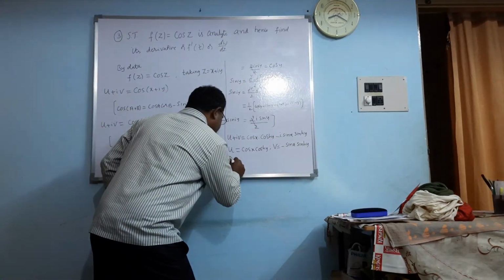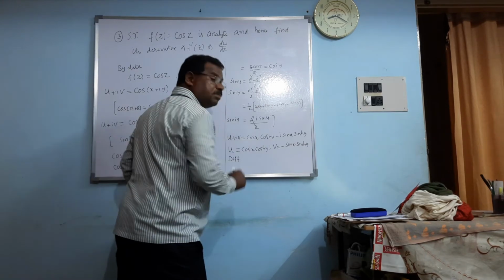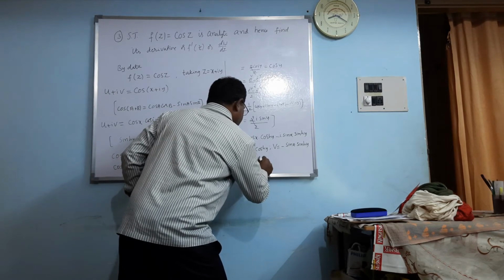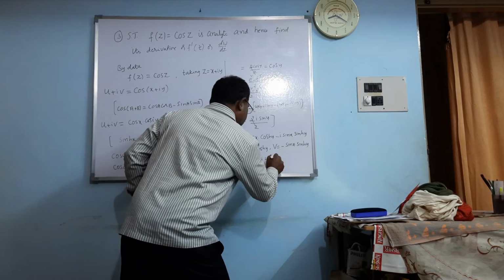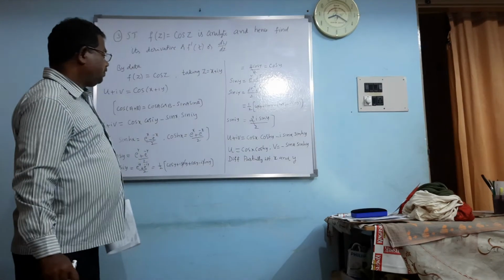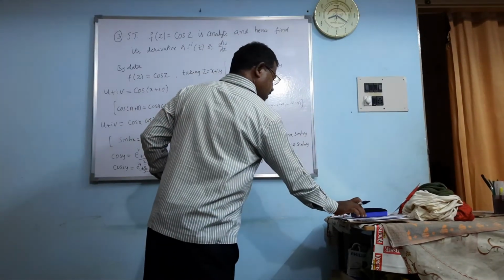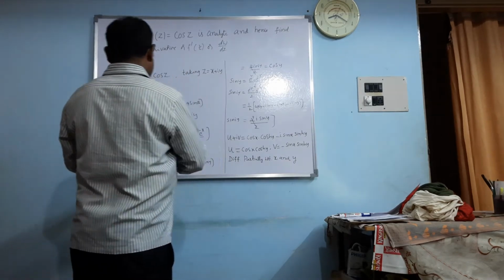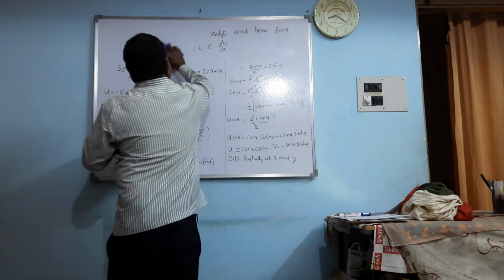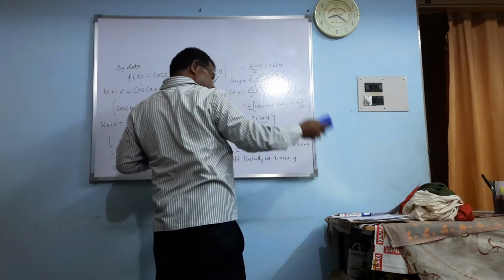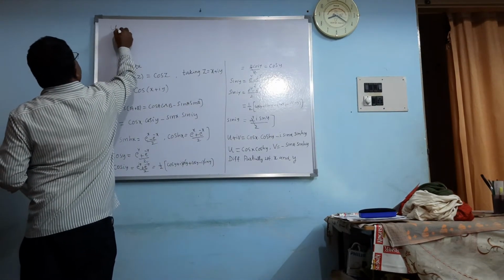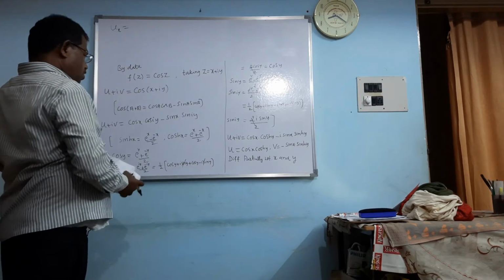Next step is differentiating partially with respect to x and y. Differentiating partially with respect to x, we get ux.